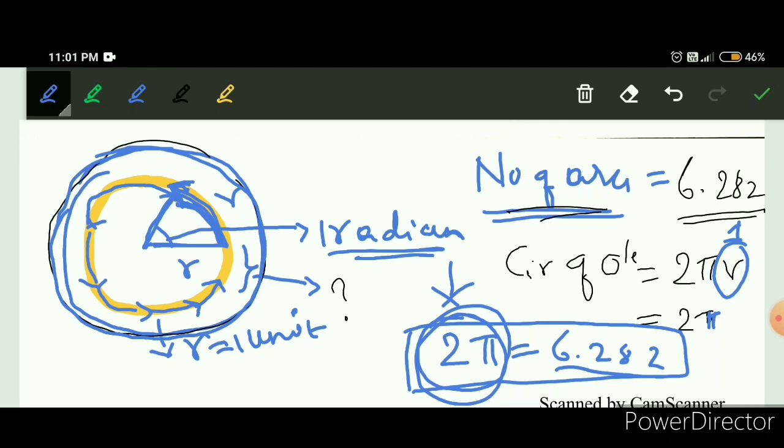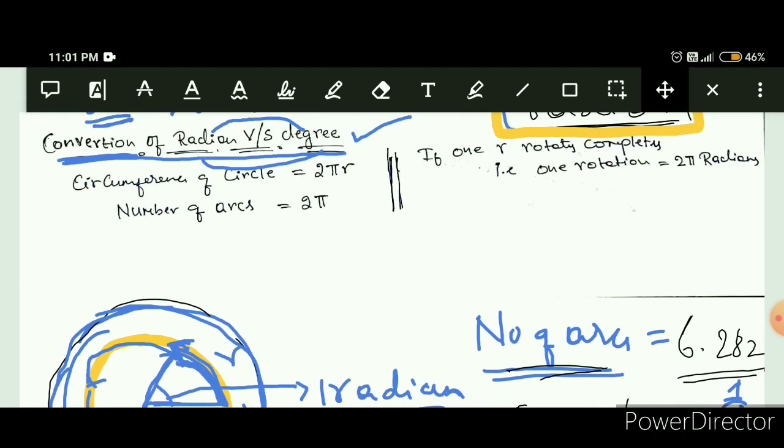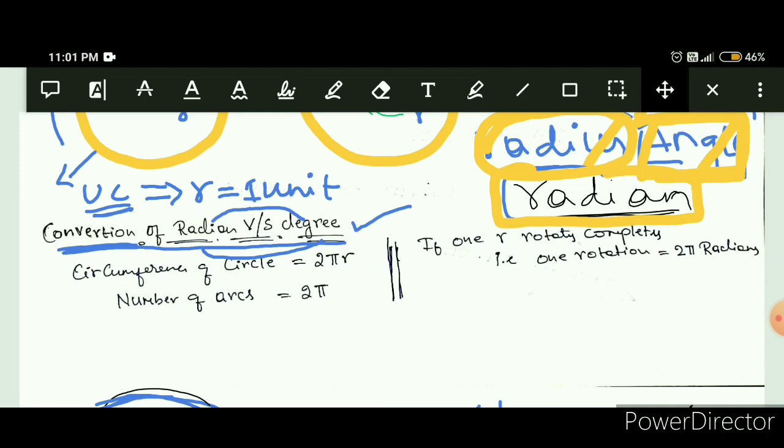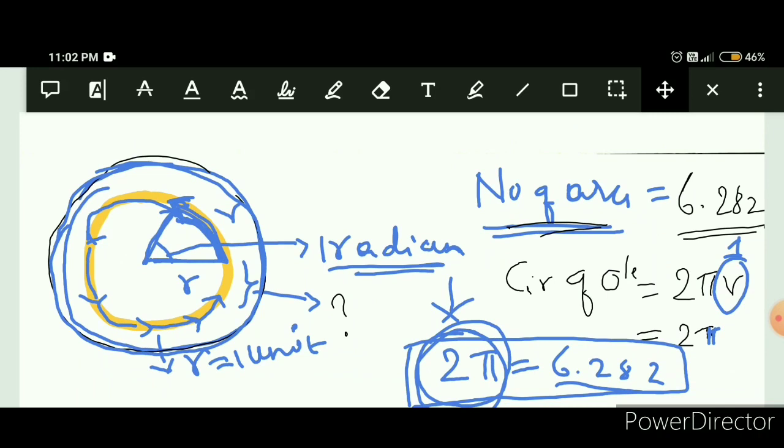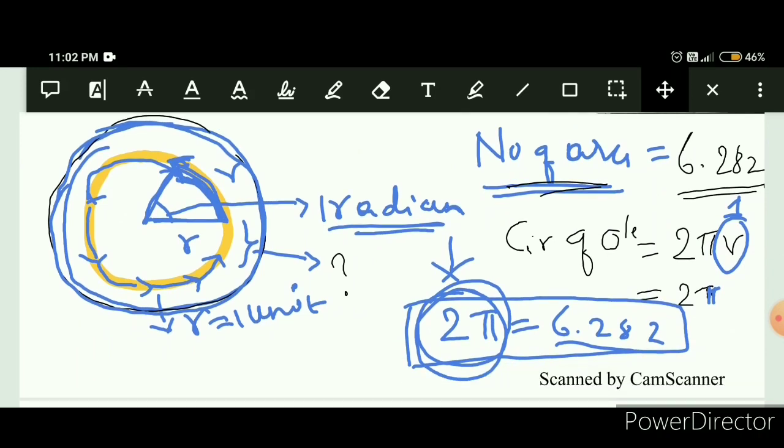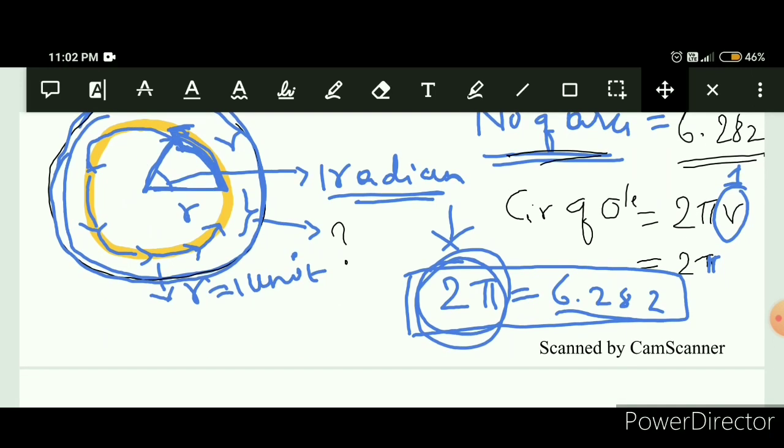So here what I am going to say is, for one r rotating completely, one rotation gives 2 pi radians. Here I already said 2 pi radians are required to rotate to complete this circle by using these arcs.